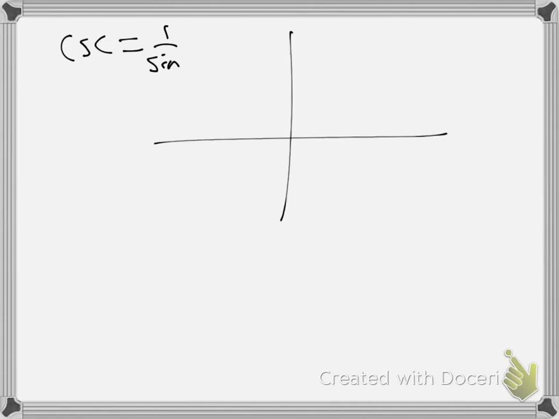Good. So cosecant is 1 over sine. It's going to be upside down as sine. So just think about what sine does. It starts at 0, goes up, goes down, comes back to 0. This is at 0, this is at pi, this is at 2 pi. That's sine.